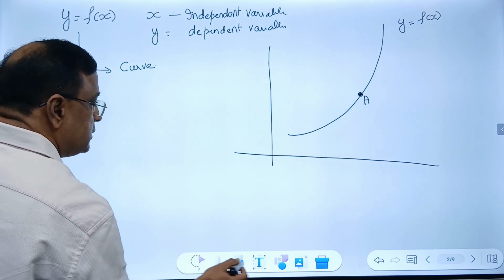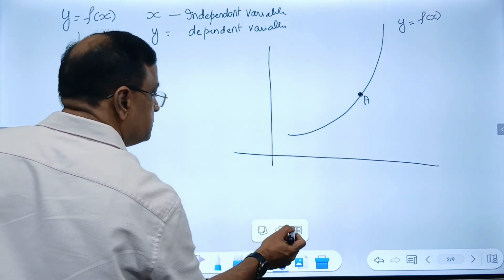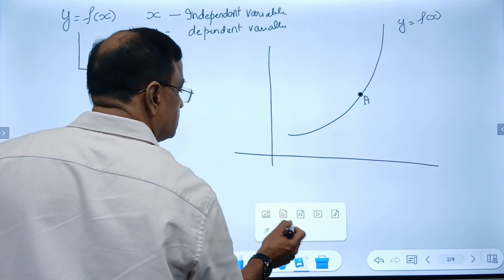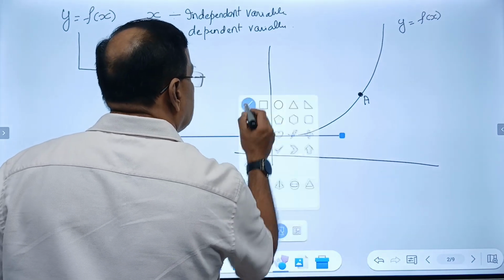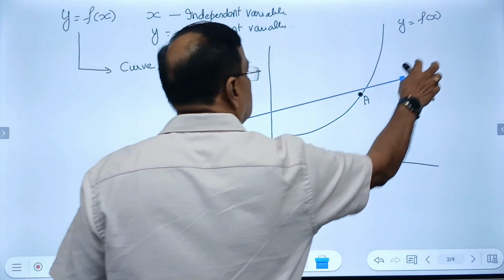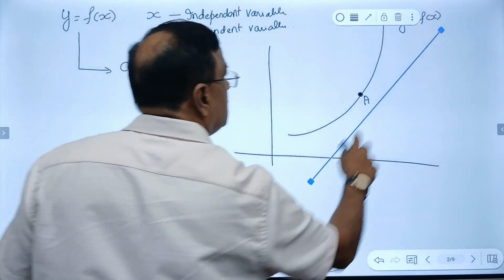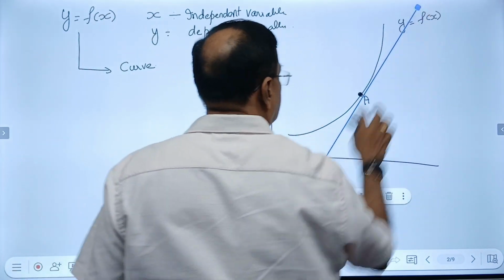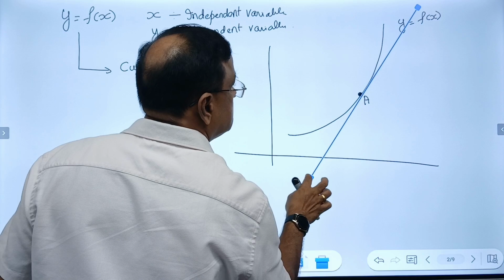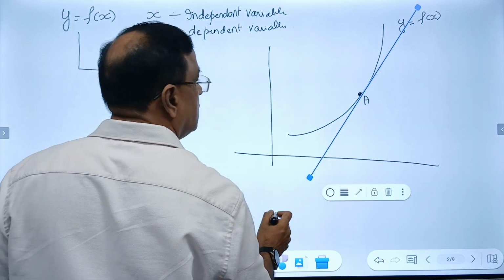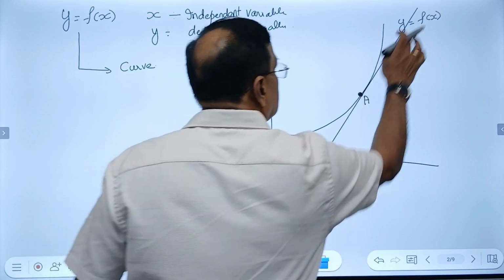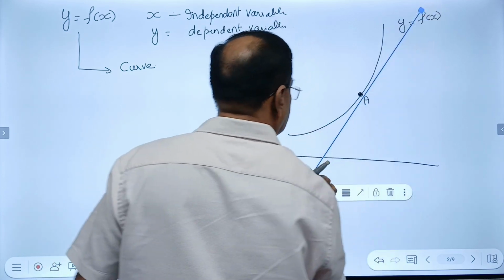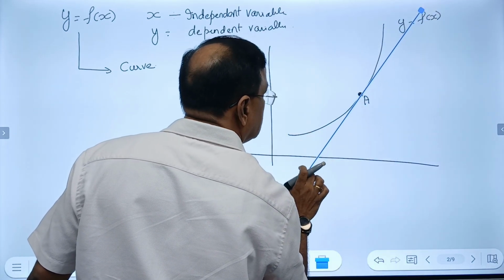So let me draw a tangent there. This is my tangent. So I have drawn the tangent.